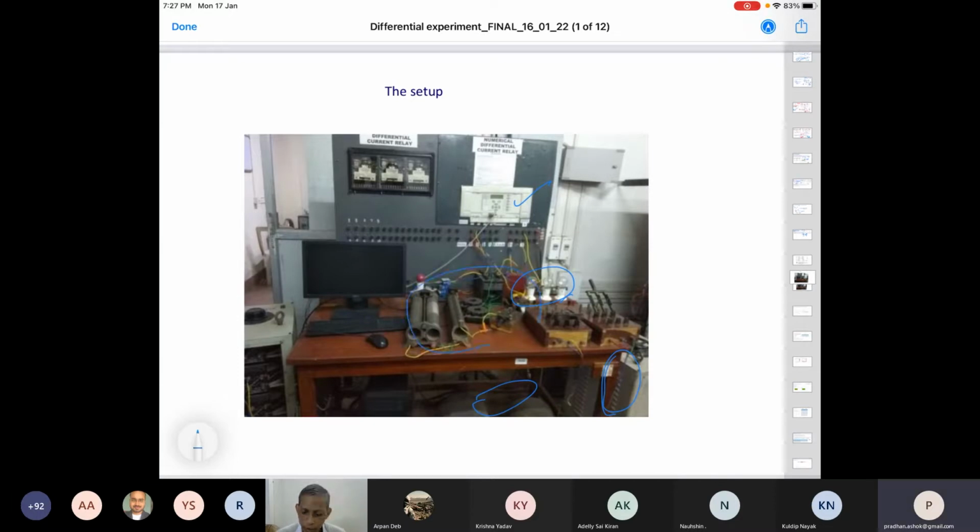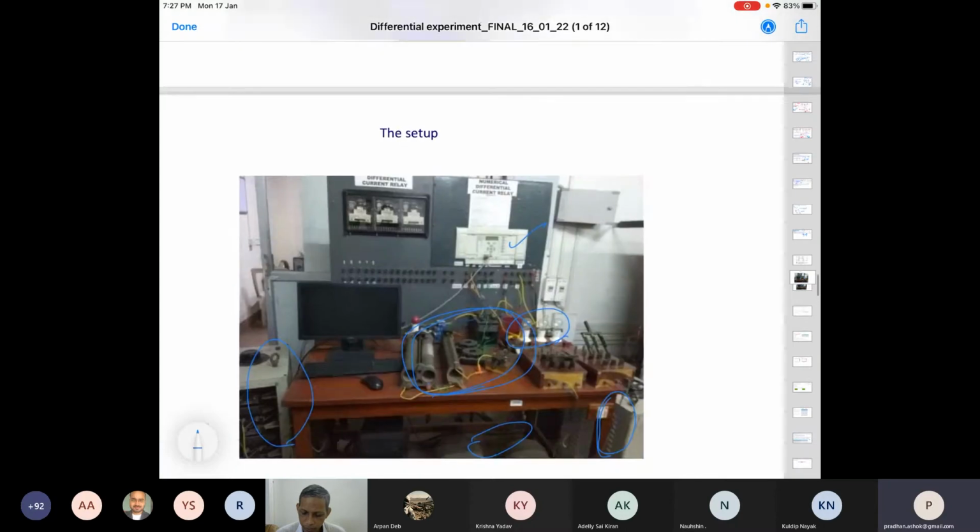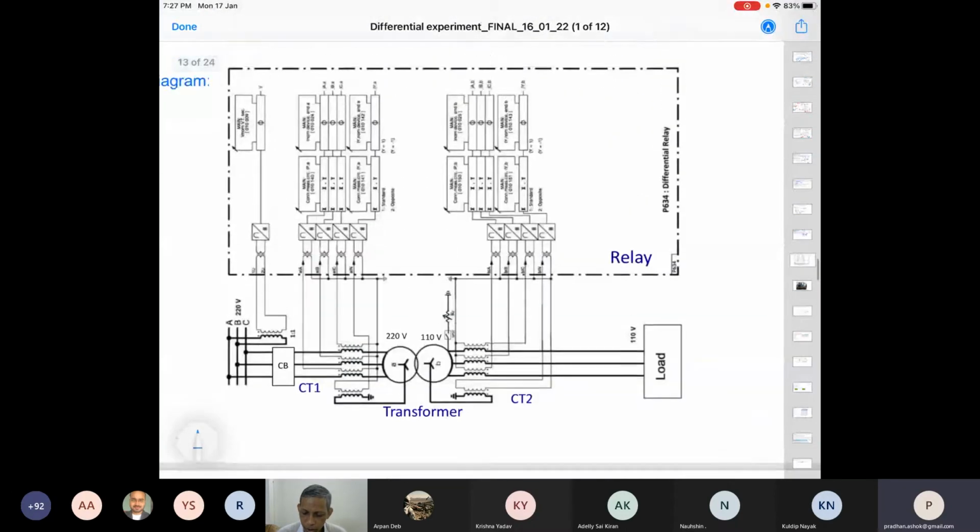And these are for the arrangement of the differential current, and we'll talk about how to do that. These rheostats have to be considered in terms of that. And these are some switches to energize the load. We have an auto transformer here to regulate the input voltage so that the corresponding currents are taken care of. We'll see what things are to be done.